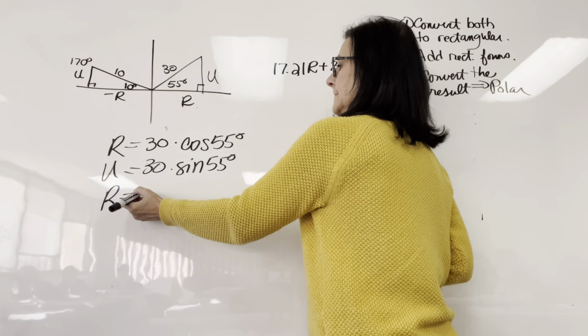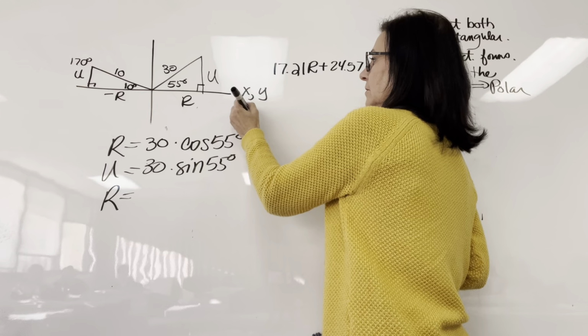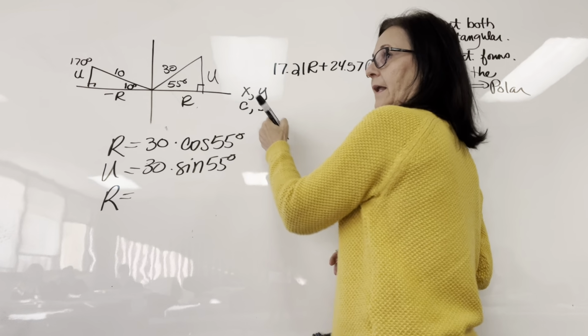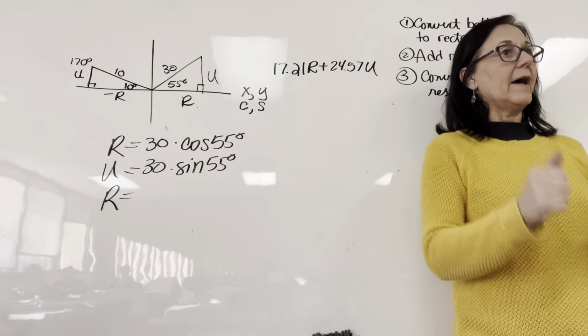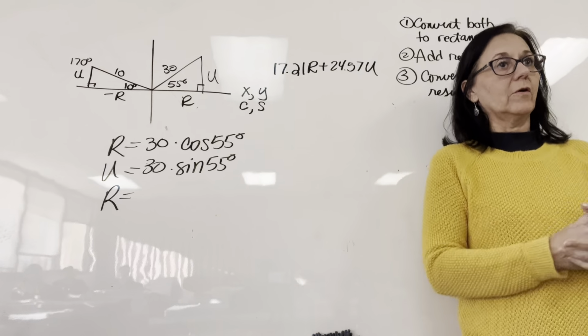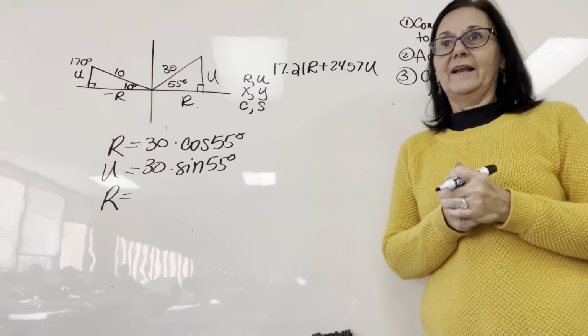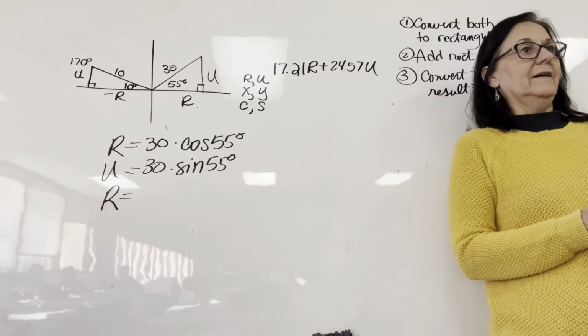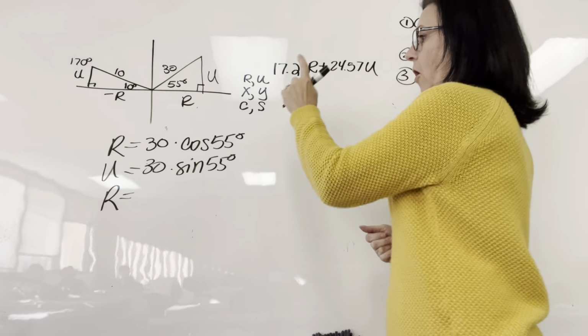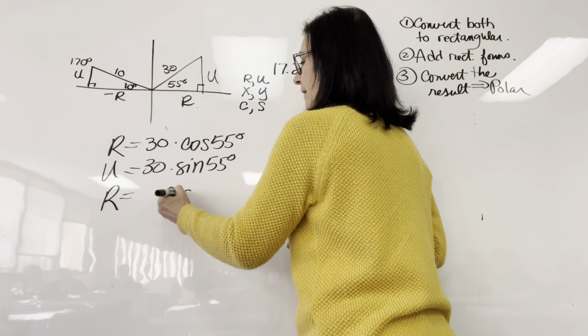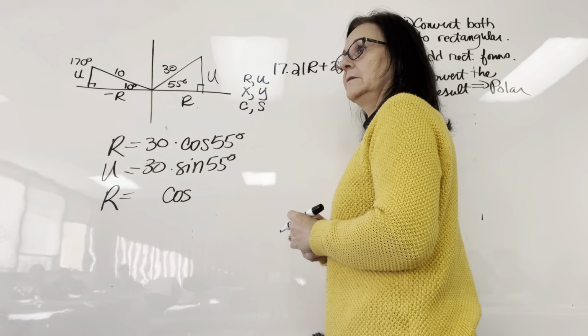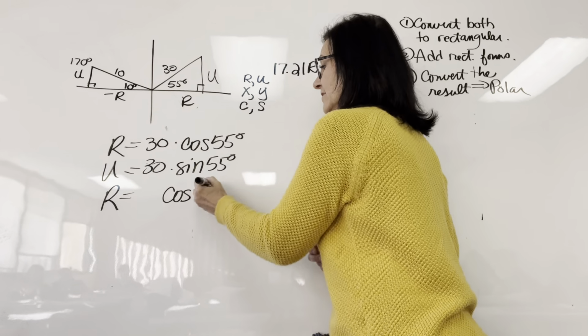X, Y, it's in alphabetical order. Cosine, sine. Do y'all get that? Alphabetical order. R, U, also in alphabetical order. So for R, we use the cosine, but we multiply the cosine of how many degrees? 10, that's right, by 10.